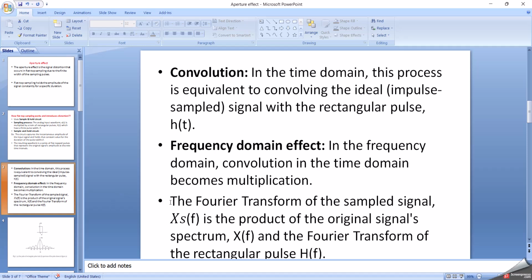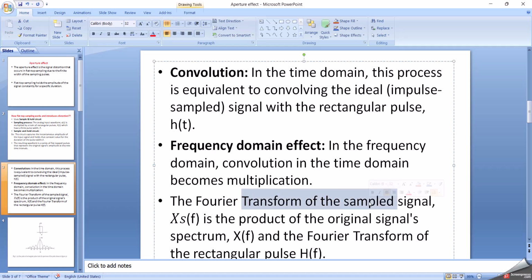I told about this one. Our sampled output is nothing but the product of the original signal, the message signal, along with its pulse train, right?